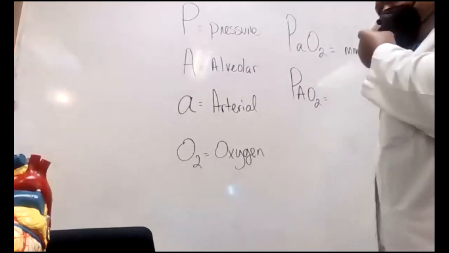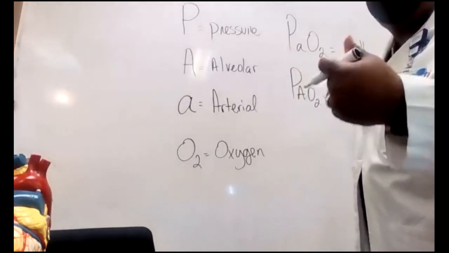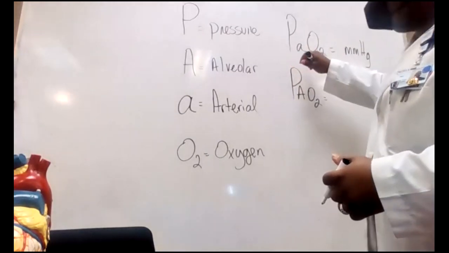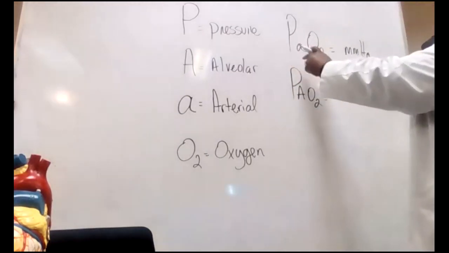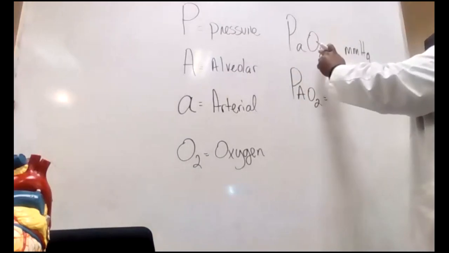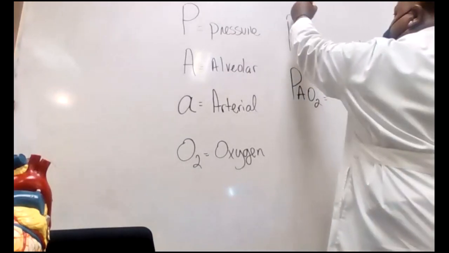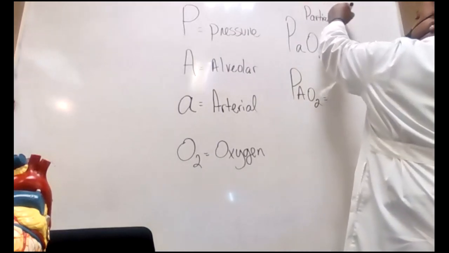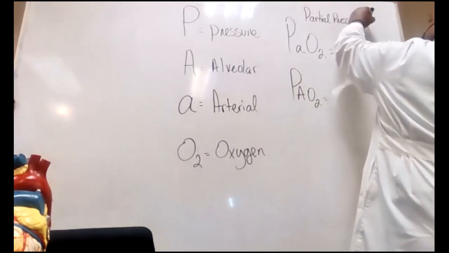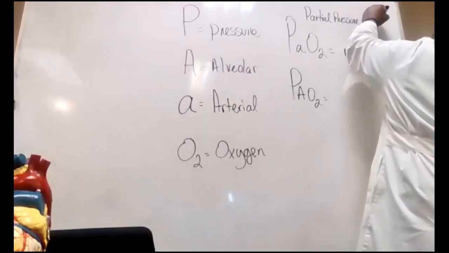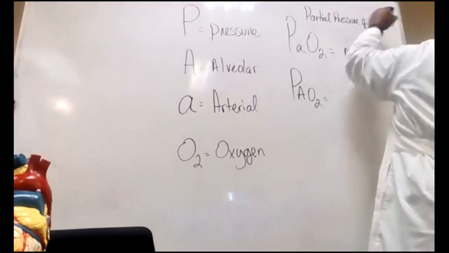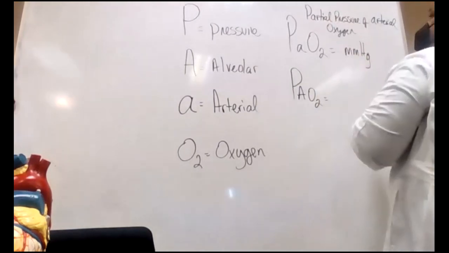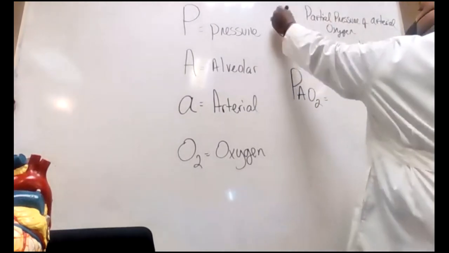So that's how you read this. P says pressure, but it's also known as partial pressure, okay? When you read this, P little a O2 is the partial pressure of arterial oxygen. Okay, that's what this is right here.